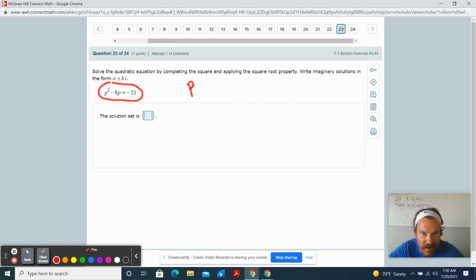Okay, if I go p squared minus 8p, and if I add 21 to both sides because I want to make it equal to 0, because that's how to solve quadratic equations by factoring, I would get stuck here in this problem.